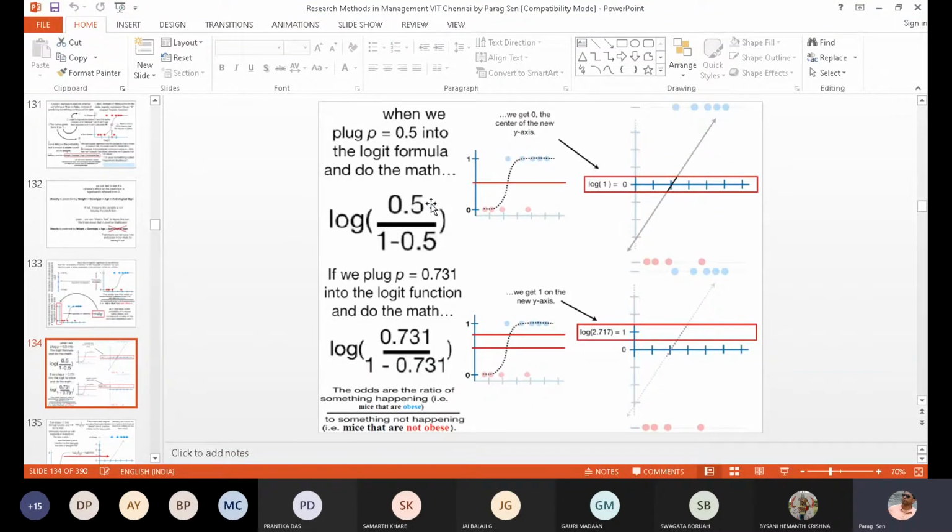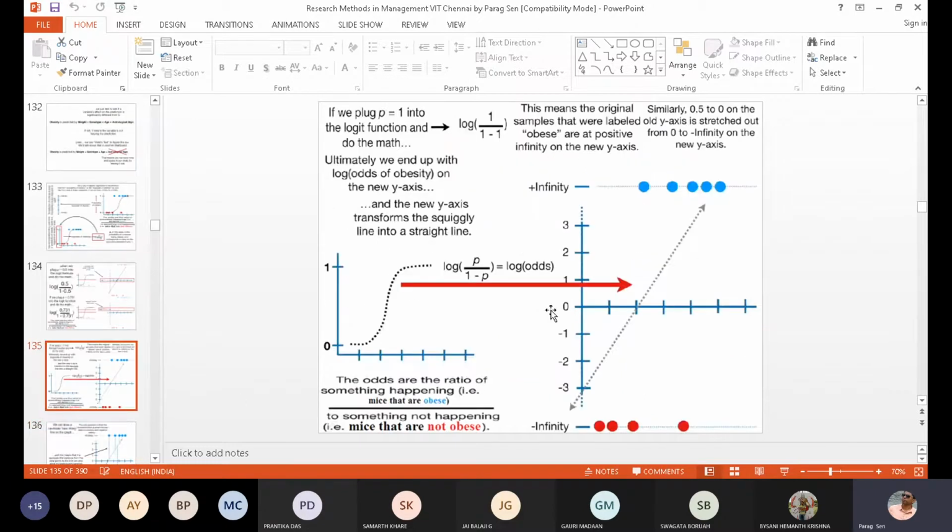Because you are taking the log version, any value of p you can plot, and it can even be an infinite value. So if we plug in p equal to 1, then 1 minus 1 is 0, into the logit function and do the math, ultimately we end up with log odds of obesity on the new y-axis.